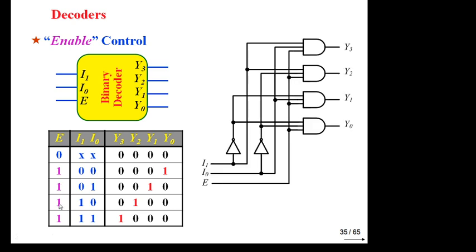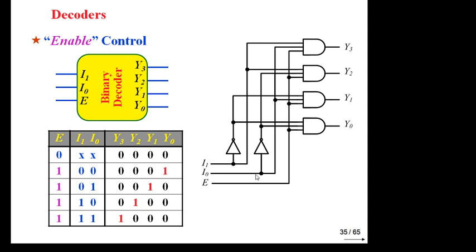And how will you draw the circuit? The same thing. Now there is one more line E. It must be 1, so it is connected to the AND gate, just like the previous circuit. What is y0? y0 is E, I0 bar, I1 bar. Similarly, suppose y2.